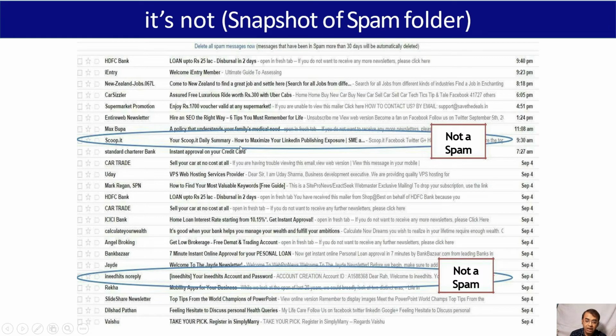The machine can understand which mails are spam depending on the features you have provided, and it can also detect which are not spam, right? So that is the good thing. That means machine learning helps to detect spam email and not spam email.